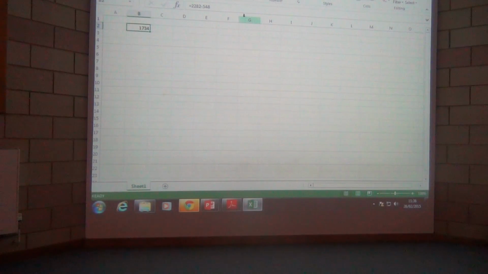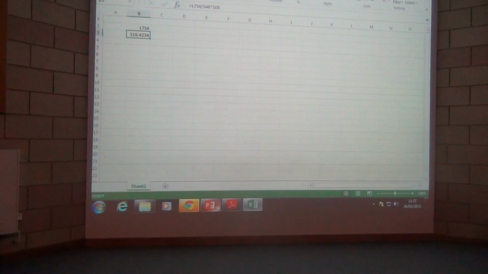So that gives us 1734. We then divide that by the original, because we want to see the percentage change from 1990. So we divide by 548, and to give us our percentage we multiply, as you know I'm sure, by 100. And that gives us our 316.4.